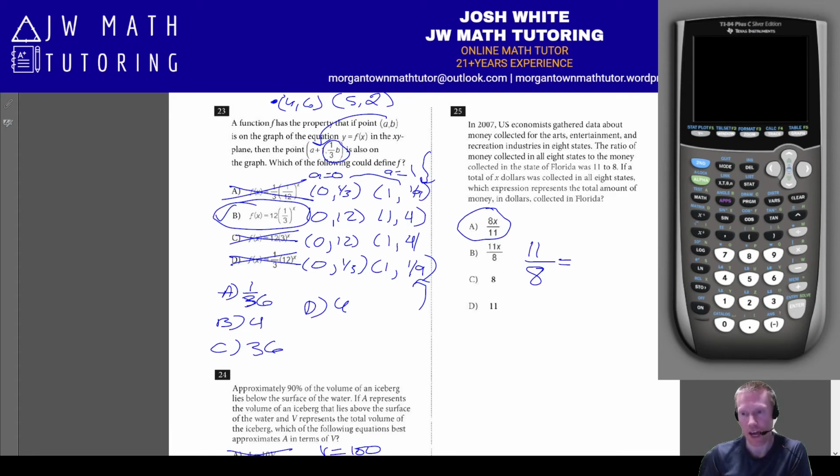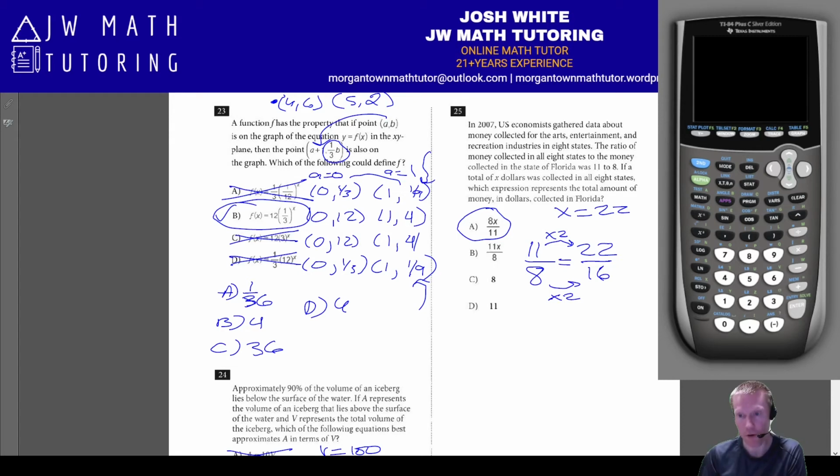So now instead of X, I'm going to plug in a number for that. So I'm going to use 22. The reason I'm going to do that is because 22 is just a nice multiple of 11. So notice that, I multiply it by 2, I go from 11 to 22. So that means if $22 was collected in all 8 states, then in Florida they collected $16. Again, got to be the same scale factor.